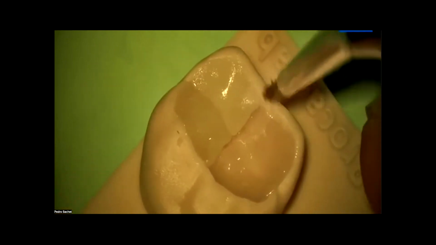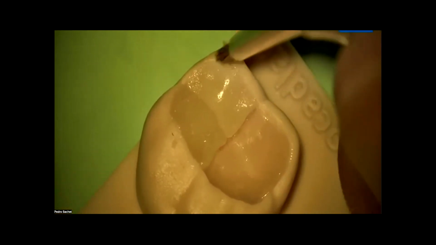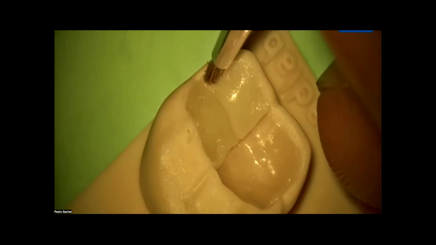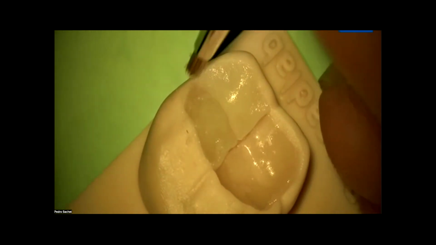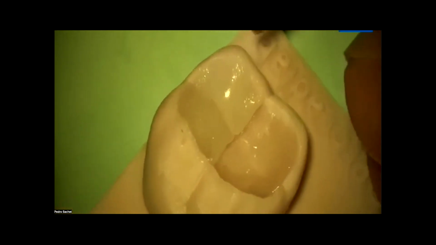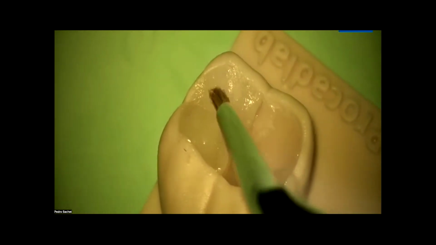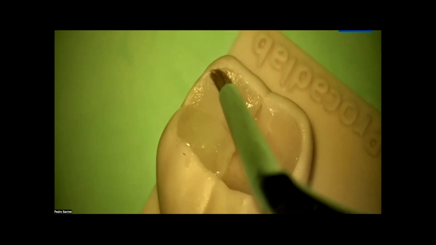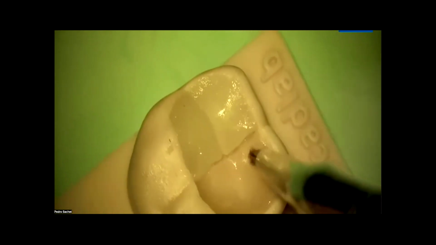So here with the brush, as you can see, with this inclination I start to make my marginal ridges. The light is always going to guide me. If I have this light, it means that I have two inclinations and that I have a well positioned ridge.